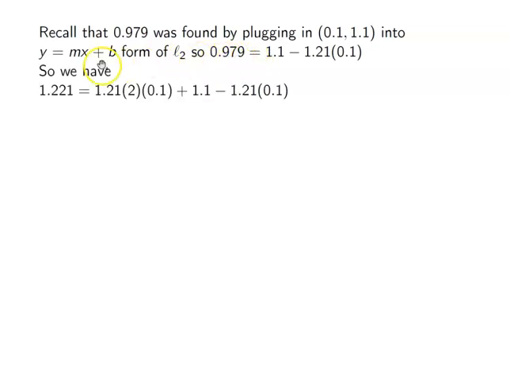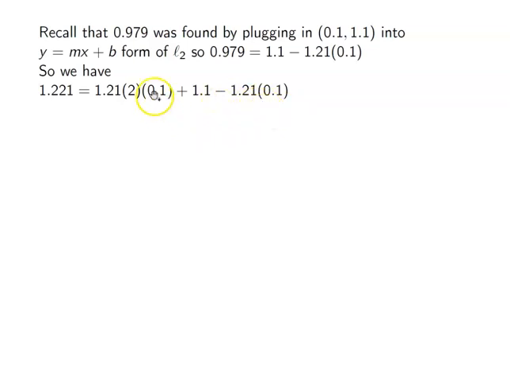So if I go back to my initial problem, I told you that 1.221 was found by plugging it into L2. So this was the slope for L2 plus 2 step sizes plus b. So instead of writing 0.979, I am writing this expanded form of y minus mx for the previous line, okay?